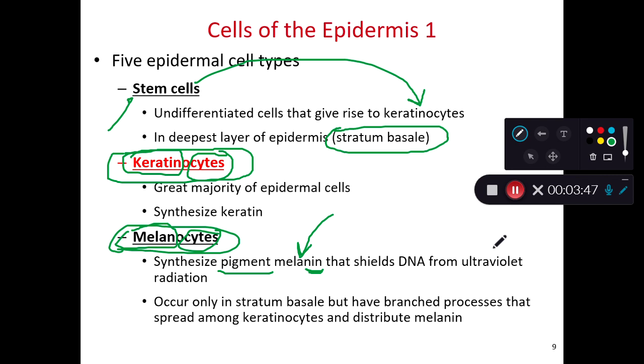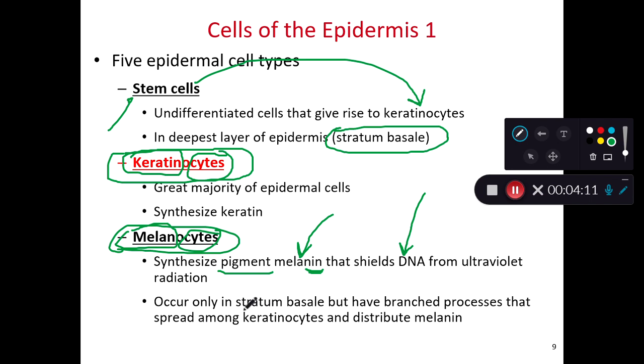Melanocytes will be stimulated to make melanin when we expose them to ultraviolet radiation, or when we expose them to, you'll love the name of this, melanocyte stimulating hormone. And the purpose of this melanin is to block that ultraviolet radiation from damaging the DNA within the cells of our skin.